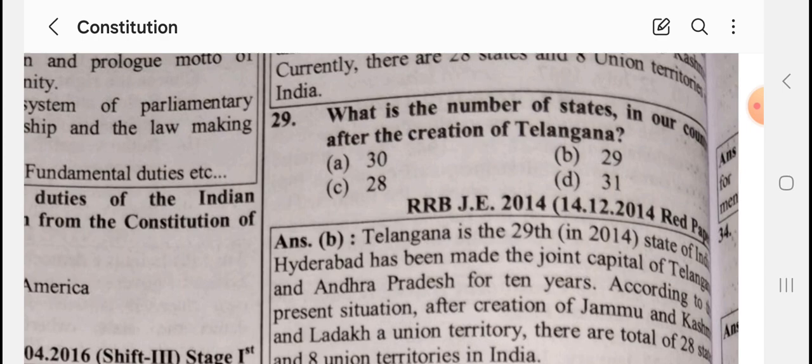At that time states were 29, but currently there are 28 states after the reorganisation of Jammu Kashmir and Ladakh region as union territories of India. Capital of Telangana is Hyderabad.